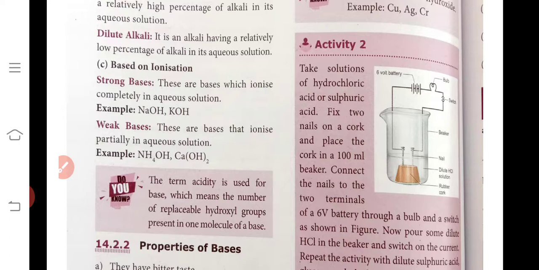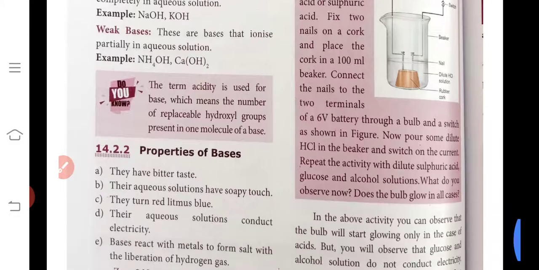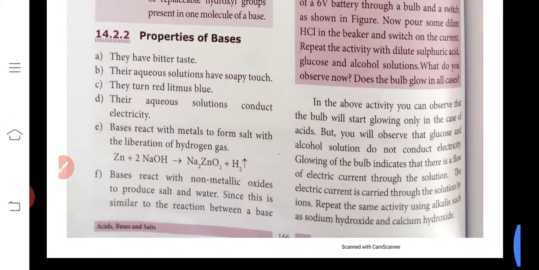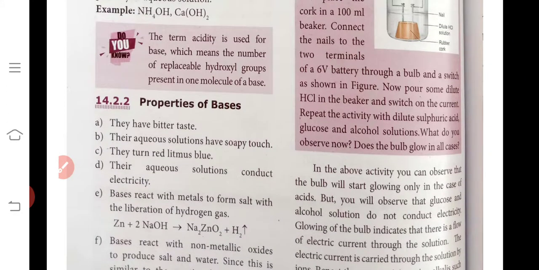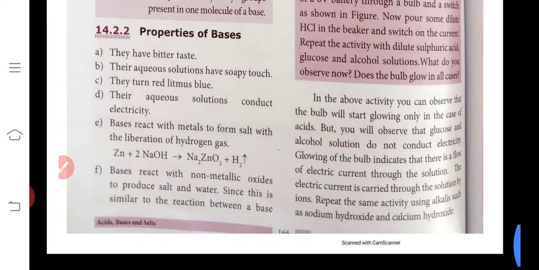A base that ionizes completely is called a strong base, and one that ionizes partially is called a weak base. The term acidity, used for a base, means the number of replaceable hydroxyl groups present in the molecule of a base.